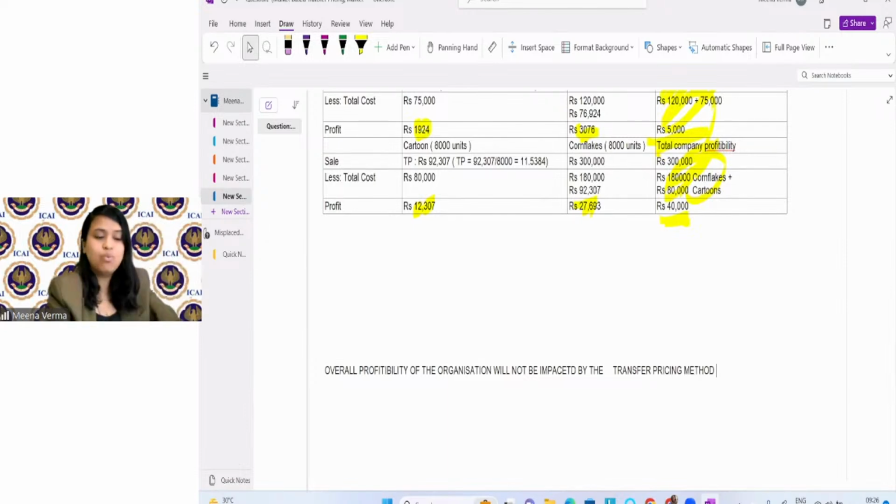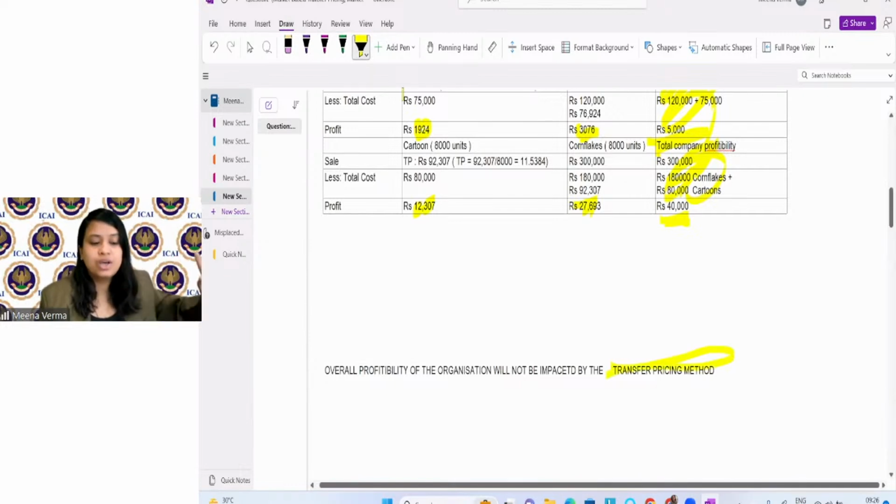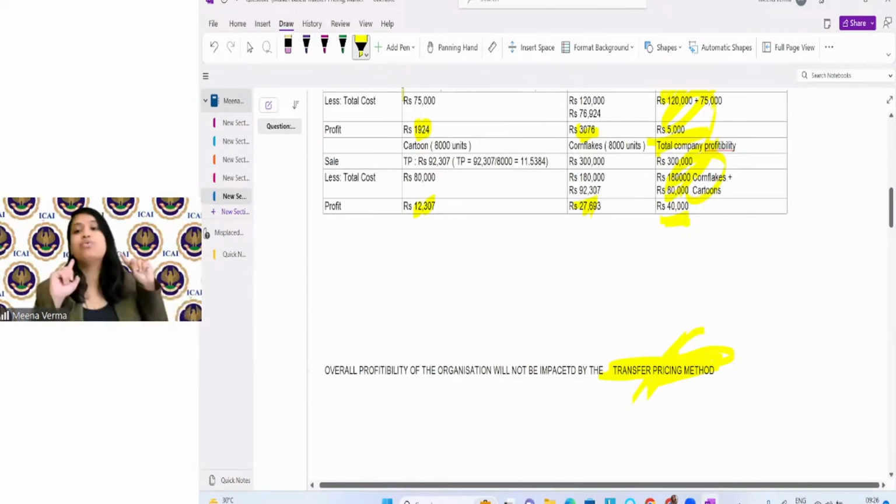So you can see whatever the method you follow, whether it is market price method, whether it is on the basis of marginal costing, whether it is on the basis of total cost, whether it is based on total cost plus markup, whatever the method you follow, the company's overall profitability will never be impacted.